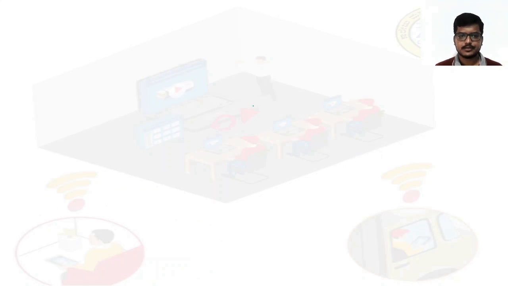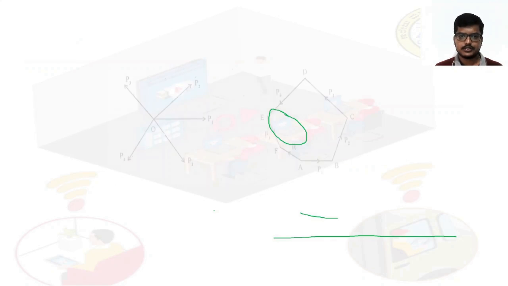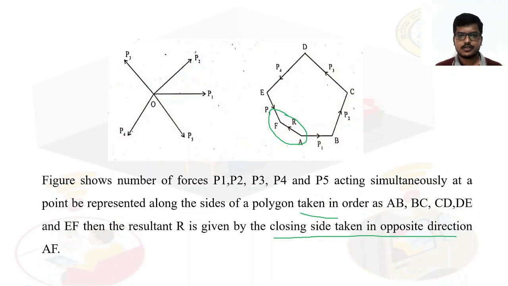I'll show you the statement once again. If a number of forces are acting simultaneously on a particle, represented in magnitude and direction by the sides of a polygon taken in order, then their resultant may be represented in magnitude and direction by the closing side of the polygon taken in opposite order, that is AF.